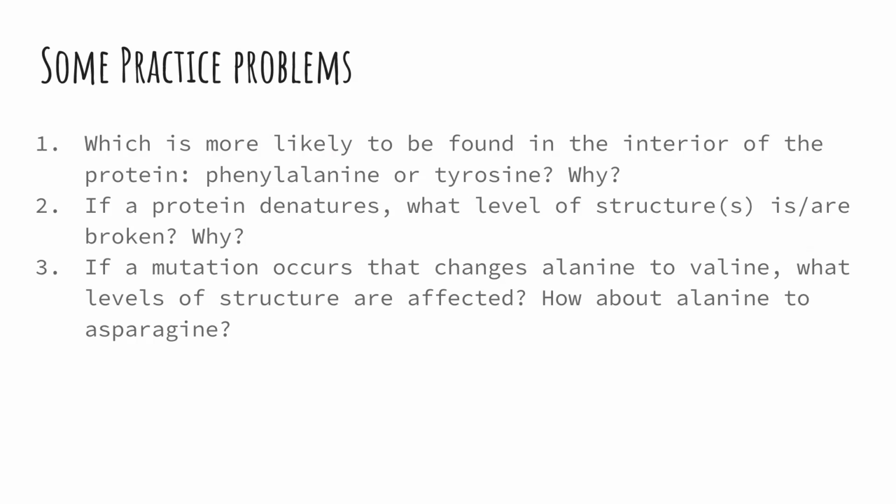Okay. That was a good answer, but the way I thought of this question was that protein denaturing involves the breaking of hydrogen bonds. And when you think of hydrogen bonds, the first thing that should come to mind is secondary structure, because your backbone atoms are involved in hydrogen bonding. It should ring a bell. Denaturing is the breakage of those hydrogen bonds, so your secondary structure is going to be broken here.